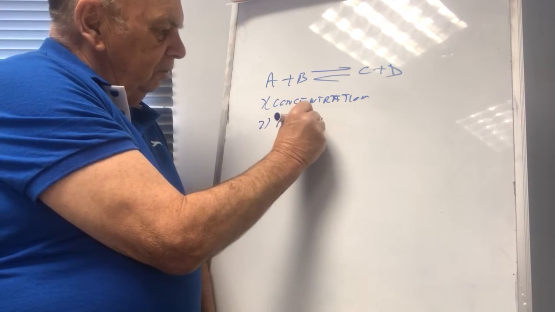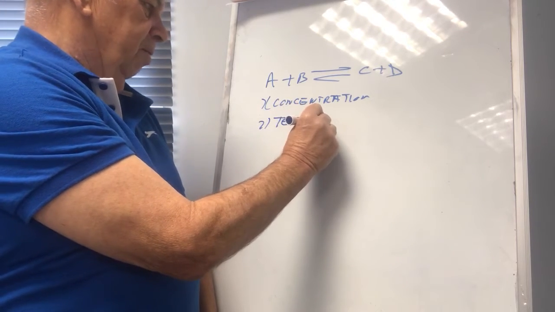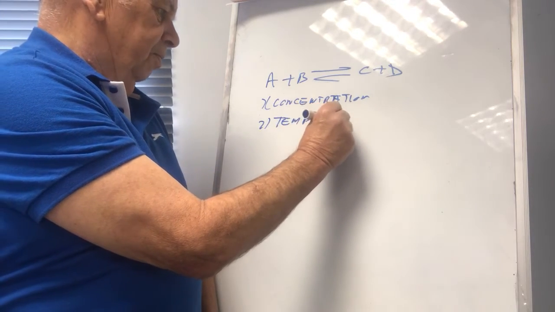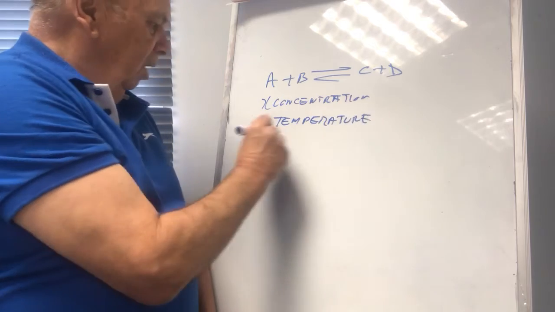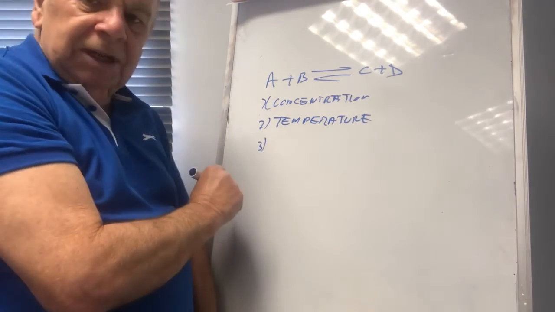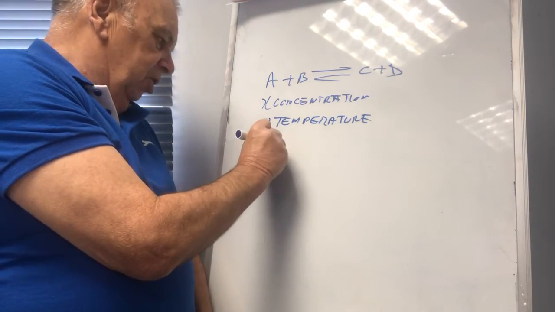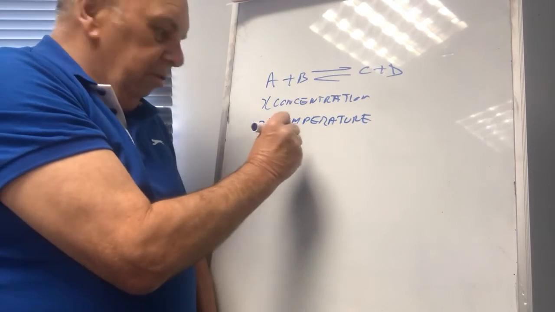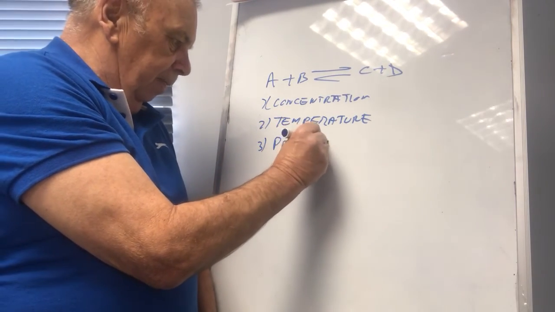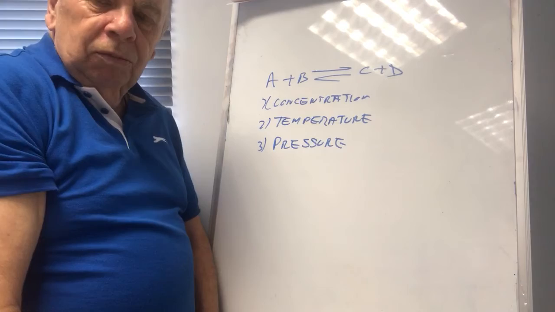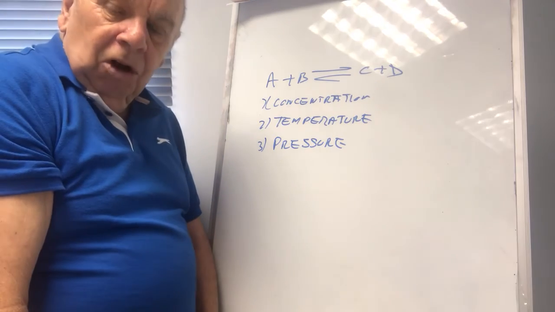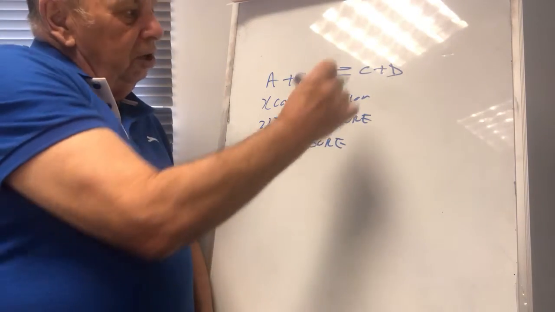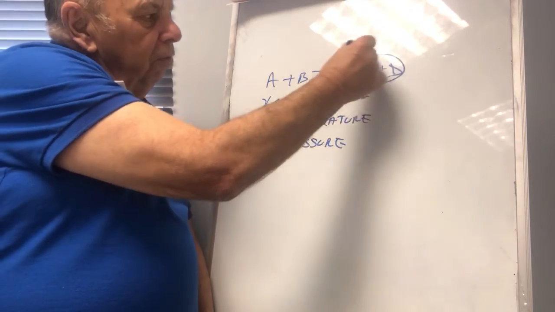if I change the temperature of the reactants, and if it applies to a gas, if I change the pressure of the reactants, it will give you an equal and opposite change in the concentration of the products.